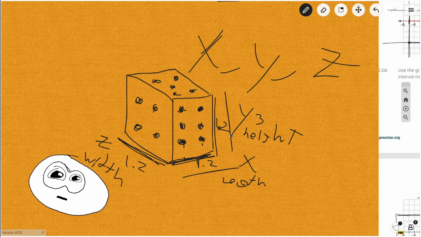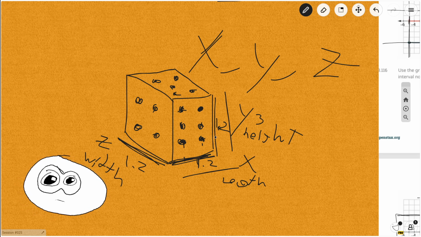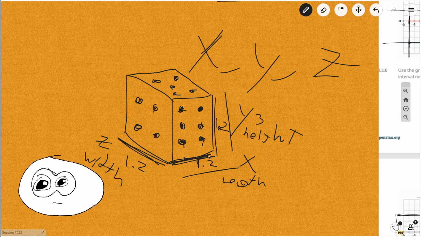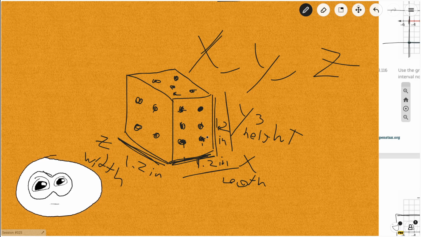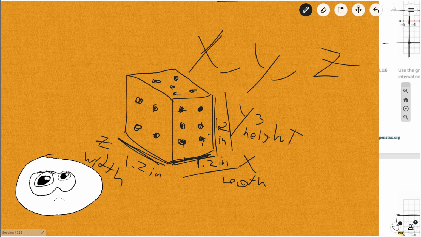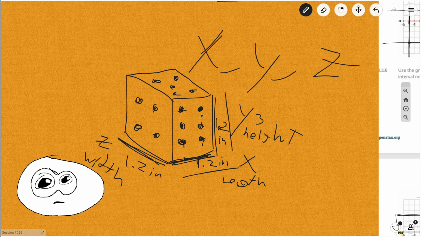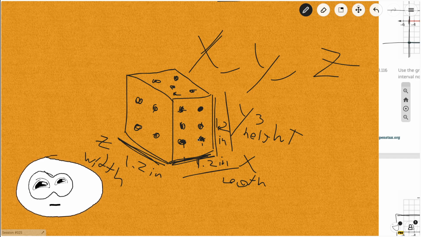All right. So what is the surface area if this thing is like 1.2 inches all the way around? Well, no, surface area is something different. What's the area of one side? How about that?